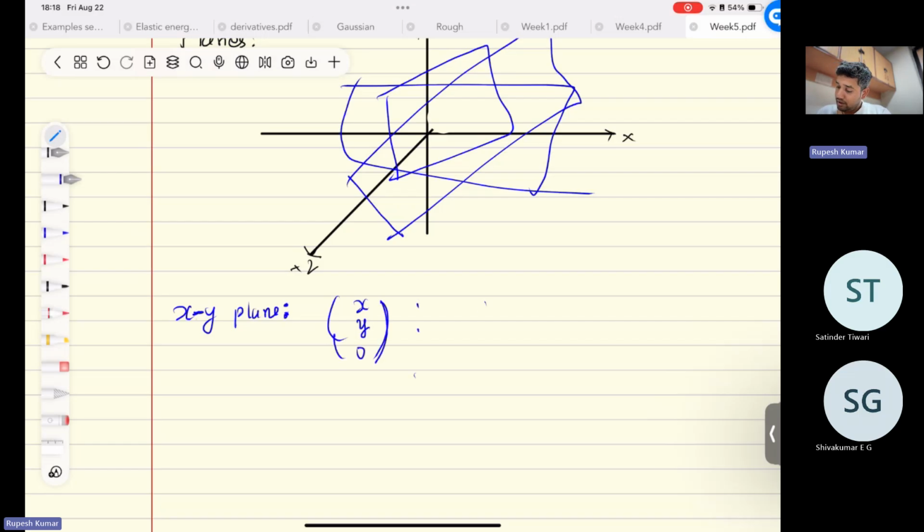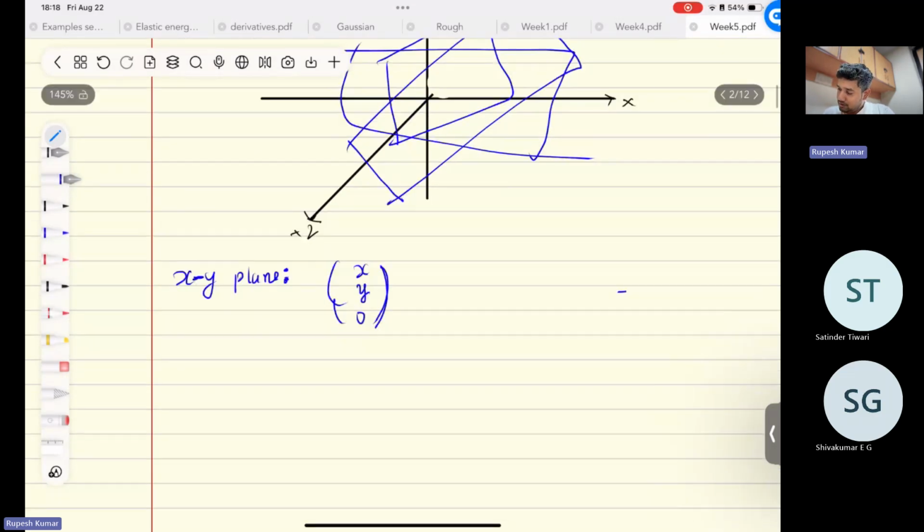Or you can always say ax plus by equals c, which is the equation of a line in the XY plane. Okay, fine. So this is how you represent the plane.